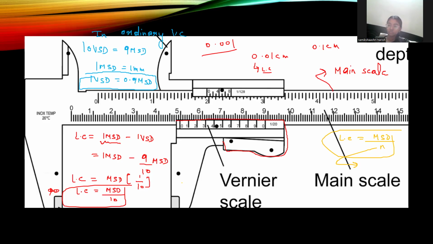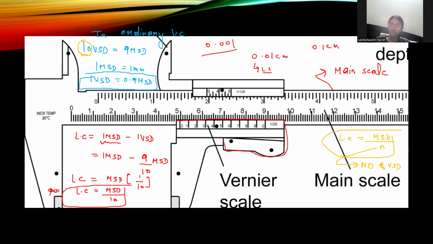It may be 10, 12, 20, or 30. Here the total number of divisions on the vernier scale is 10. N is the number of vernier scale divisions, VSD. Clear?